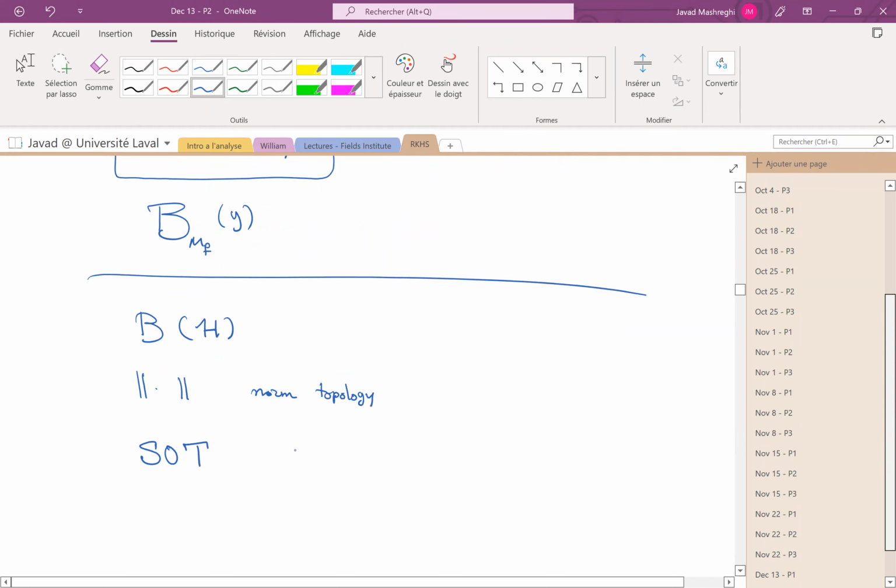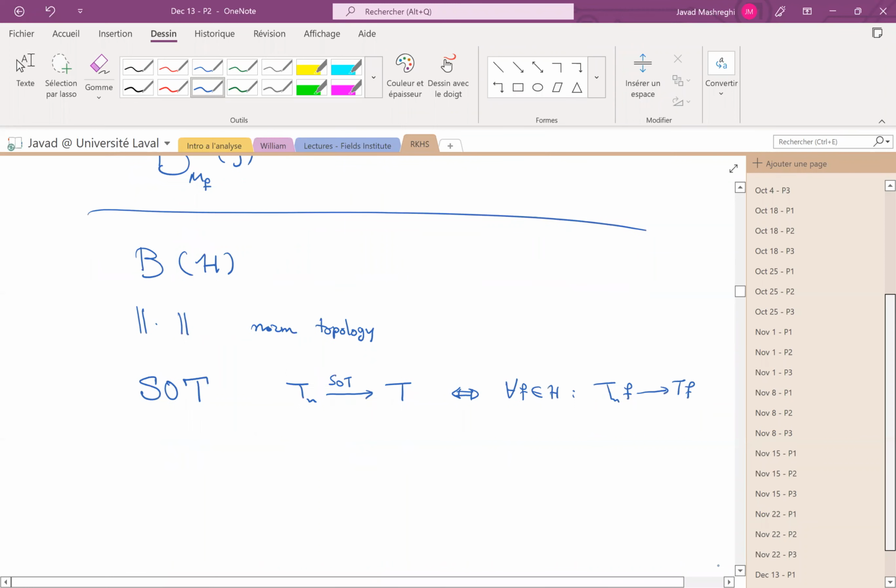T_n converges to T in SOT, by definition, if and only if for every element f of this space H, T_n f goes to T f.